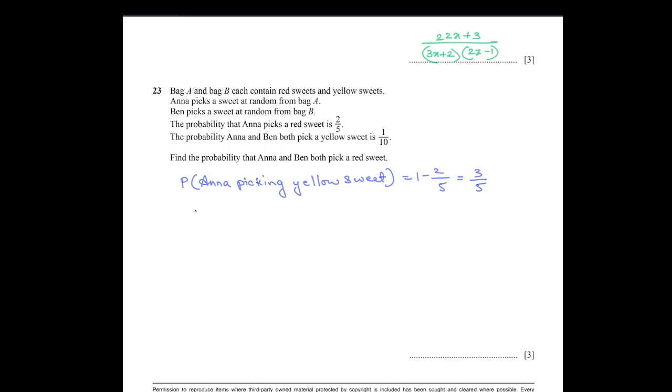And we already know the probability of Anna and Ben both picking yellow is 1 by 10. So 3 by 5 into the probability that Ben picks a yellow sweet, which we don't know, is equal to 1 by 10.